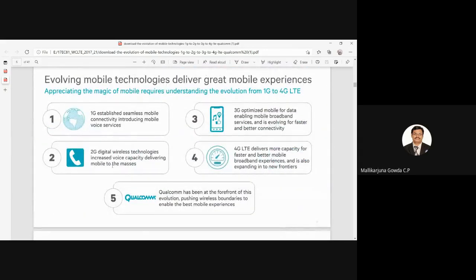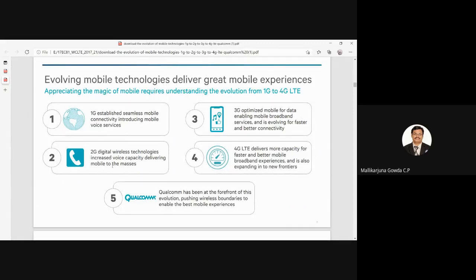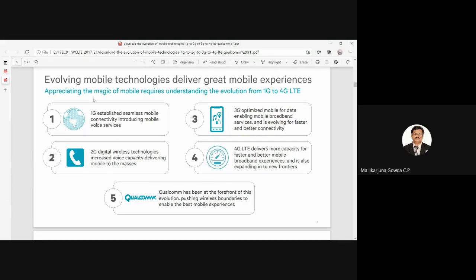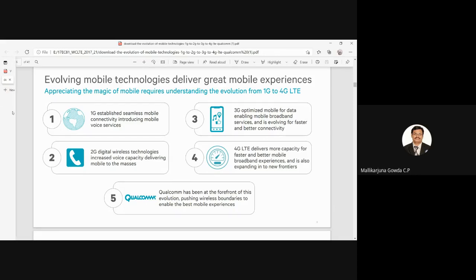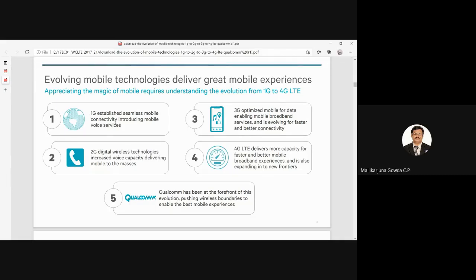Okay. What we have discussed in the previous slide, we are expanding that. So evolving mobile technologies will deliver great mobile experiences, right? Appreciating the magic of mobile requires understanding the evolution from 1G to 4G networks. As I said, 1G established seamless mobile connectivity, introducing mobile voice services only. 2G could provide digital wireless technologies with increased voice capacity, delivering mobile to the masses.